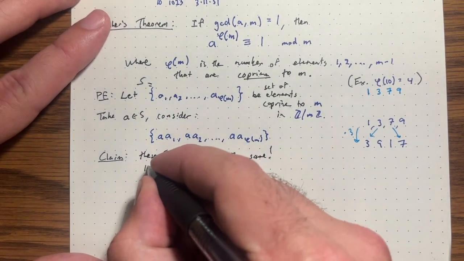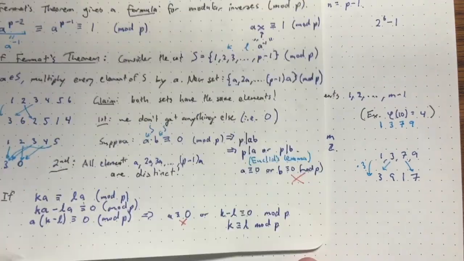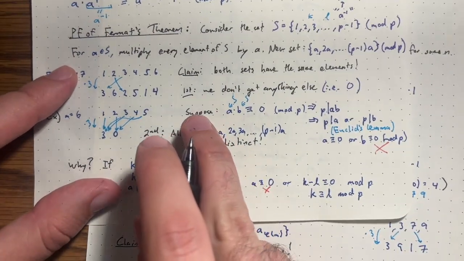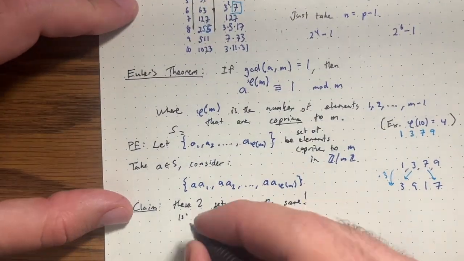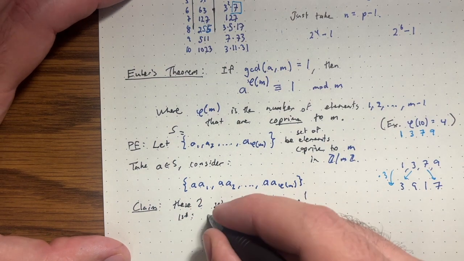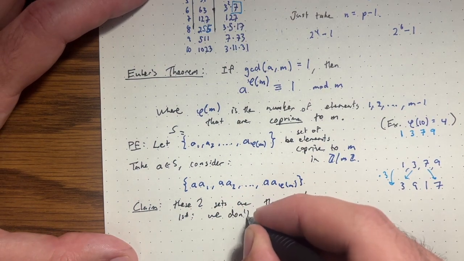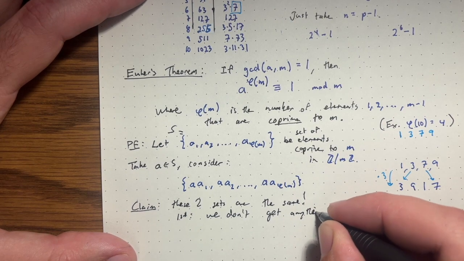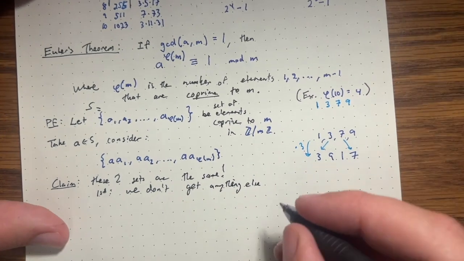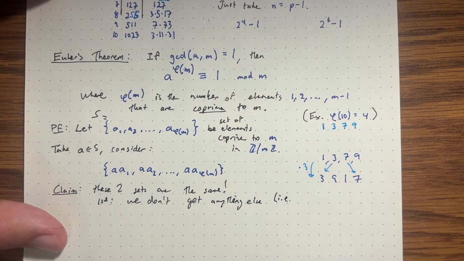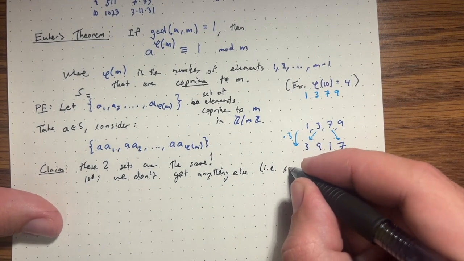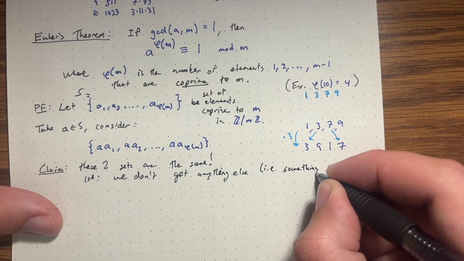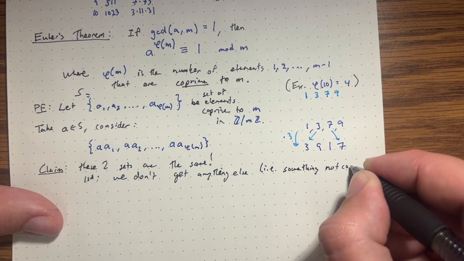What did we have before? We didn't get anything else. That's our first claim: we don't get anything else. In this case, it's not just 0 that we have to worry about. We have to worry about something not coprime to the modulus.